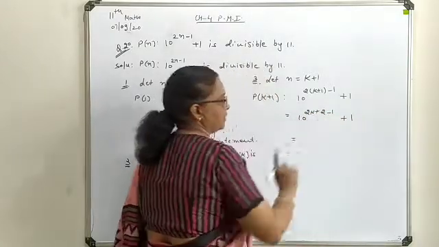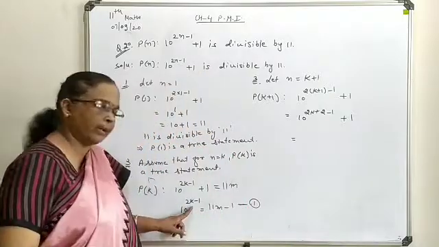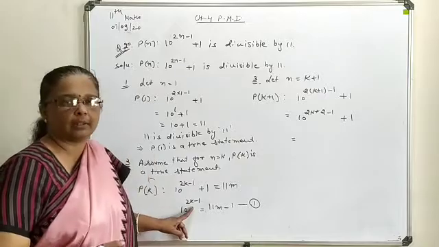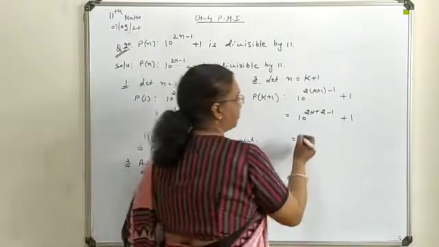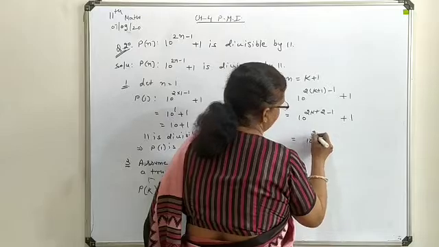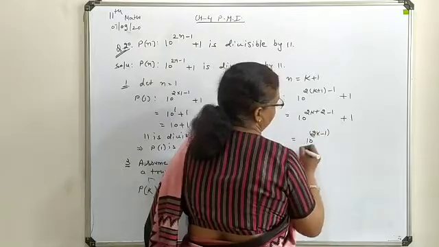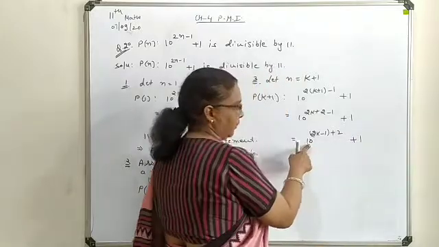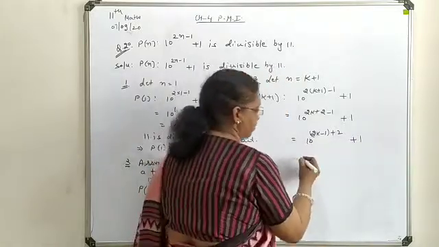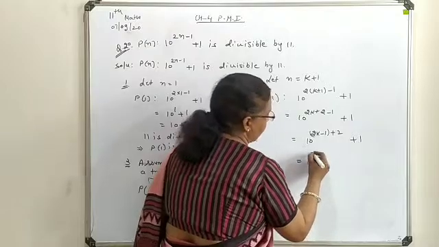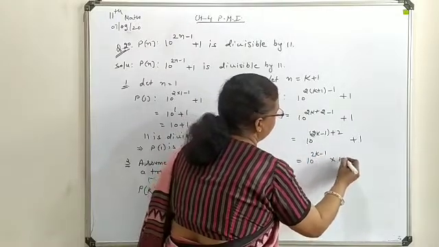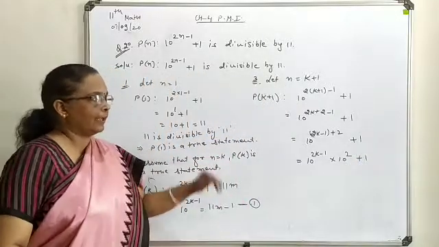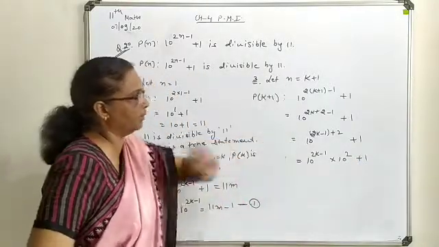Here no need to subtract. The term required, you separate, and the remaining power you write in multiple form. That is, 2k minus 1 combined, plus this 2 and this 1. Now the base is common, so these powers you can separate as 10 to power 2k minus 1 into 10 square plus 1. From here to here you can skip.